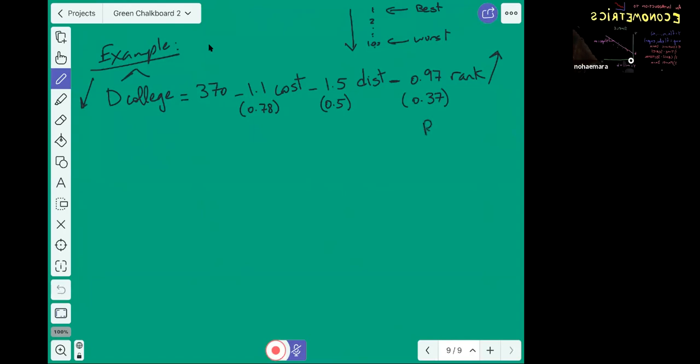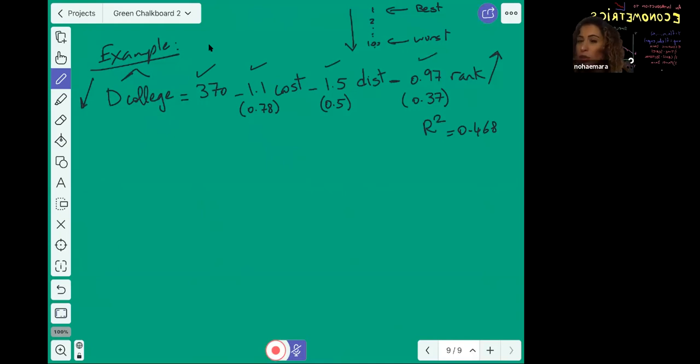Now I have an R square for this model, which is 0.468. So you have estimated this model, and you got the intercept beta 0, the partial slope for the cost, the partial slope for the distance, and the partial slope for the rank.